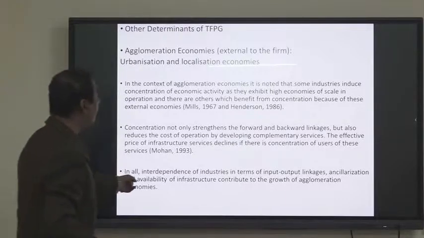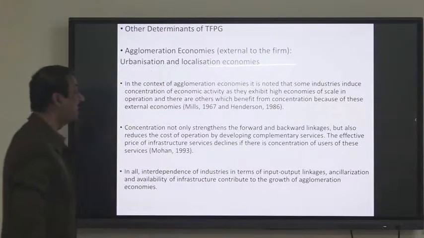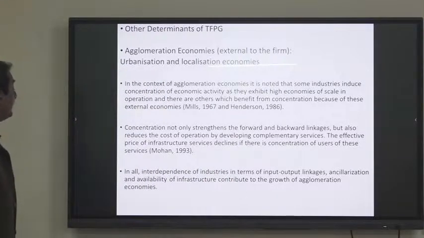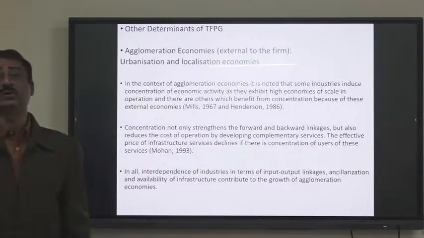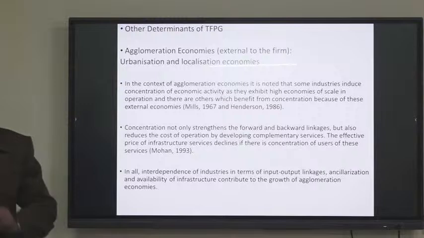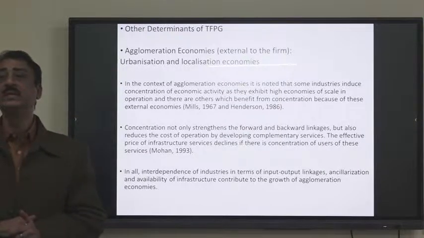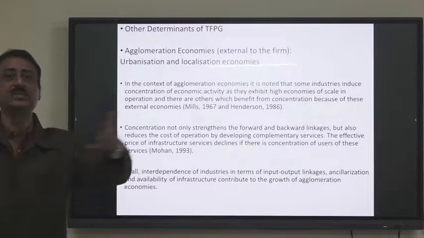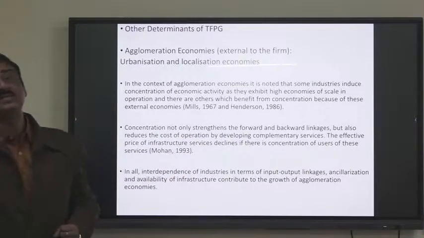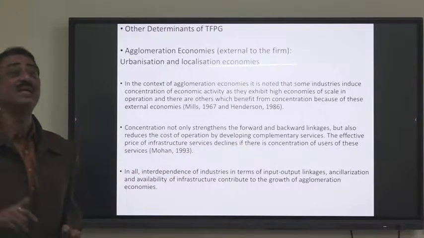So in all, interdependence of industries in terms of input-output linkages, ancillarization and availability of infrastructure contribute to the growth of agglomeration economies. The crux of this theory is that you should try to create such spaces where you have concentration of activities. At a later stage, we are able to see the concept of SEZ.